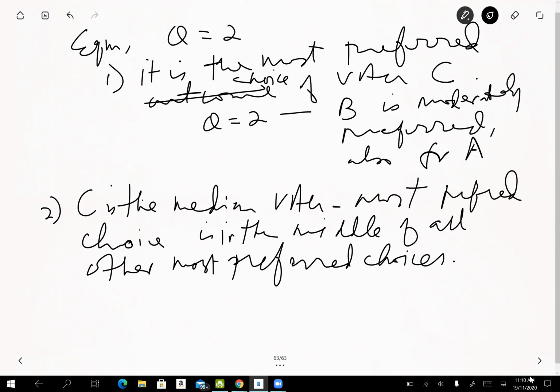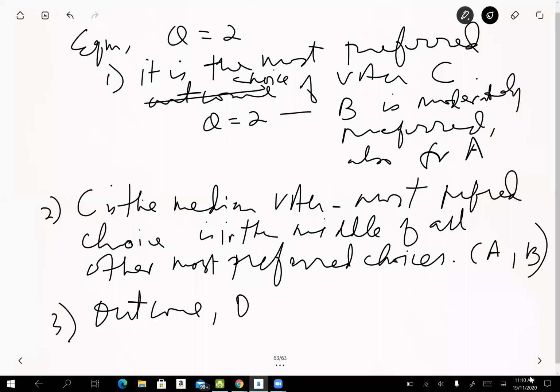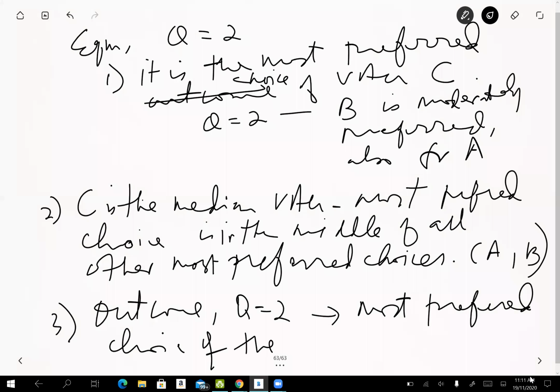So compare that to A and B. His most preferred choice, which is 2, is in the middle of all others' most preferred choices, which are 1 and 3. So C is the median voter. And again here, we conclude that the outcome of the voting, which is Q equal to 2, is the outcome of the median voter. That means the most preferred choice of the median voter.